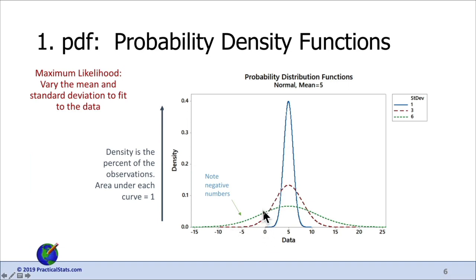So all the values to the left of 0 here, all the proportions, are saying that... if I go from 0 up to the dashed green line for the middle normal distribution and come over, it looks like there's about 5% of the data at that one point at 0, and then the area totaling that up to the left side might be something like 10% perhaps, maybe a little more. So there's some percentage of the data that are being modeled as, and so expected to be, negative. So that's a real downside for using a normal distribution.